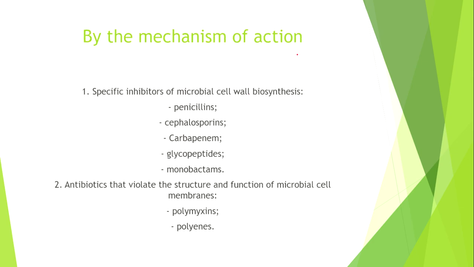By the mechanism of action. First, specific inhibitors of microbial cell wall biosynthesis. All beta-lactams, you must understand: penicillins, cephalosporins, carbapenems, glycopeptides, and monobactams. Second, antibiotics that violate the surface and function of microbial cell membranes: polymyxins and polyenes.